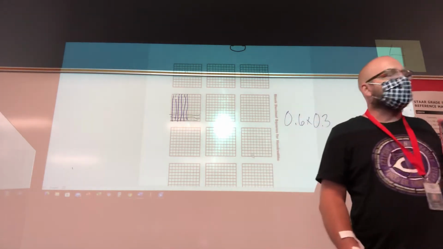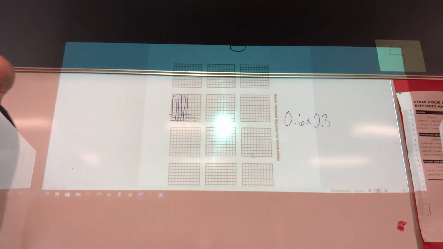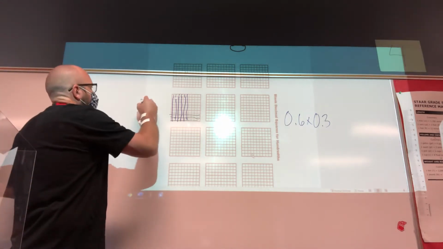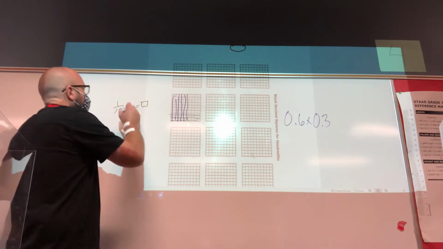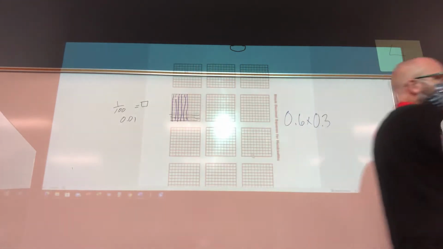Now your product, or the answer to your multiplication problem, is going to be how many hundredths are shaded in. How many little squares, so each equals 1/100th, or 0.01.